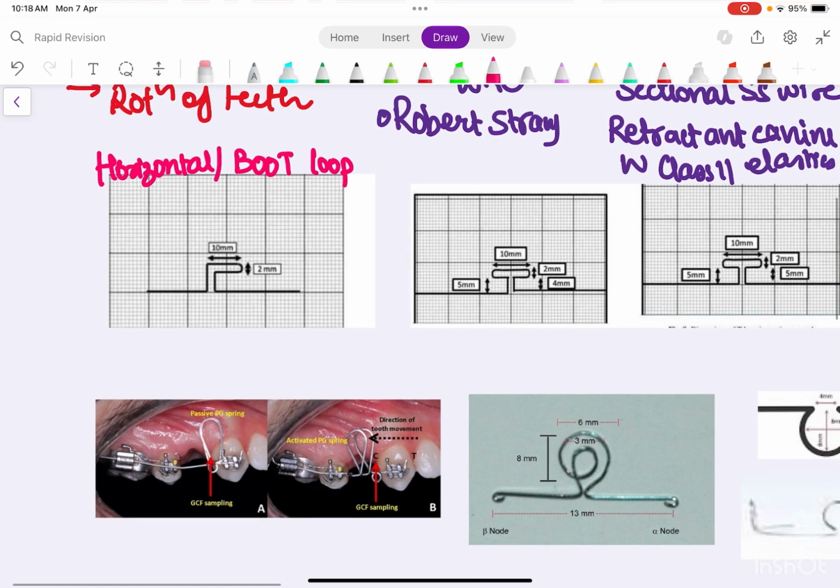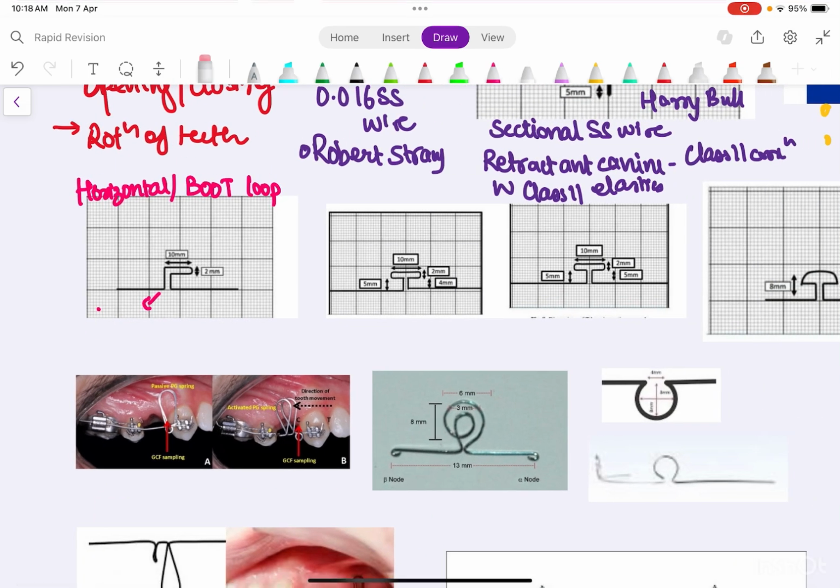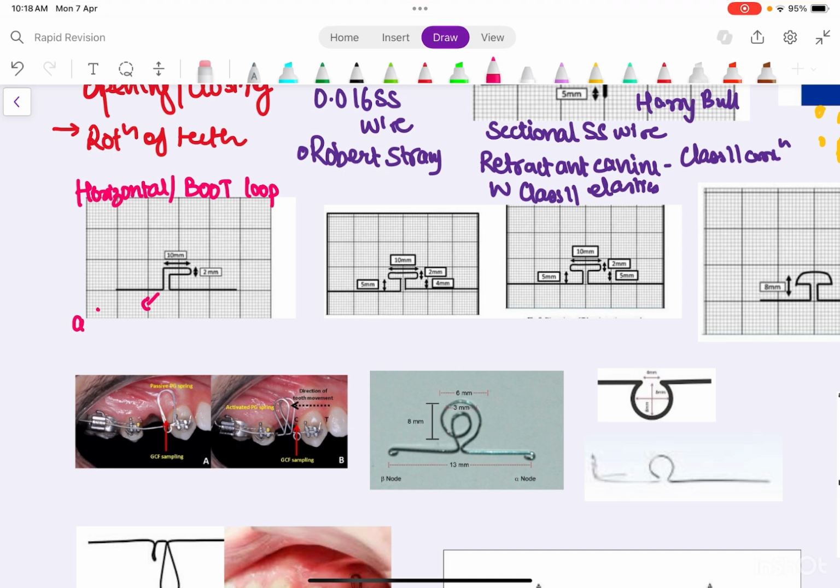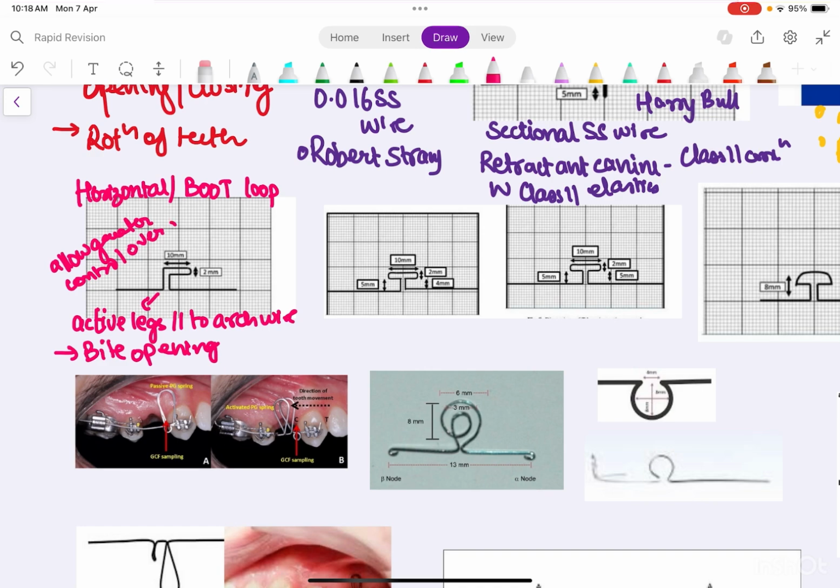In this you can see the active legs are parallel to the arch wire. Now this is used for bite opening, and it allows greater control over the direction of force.